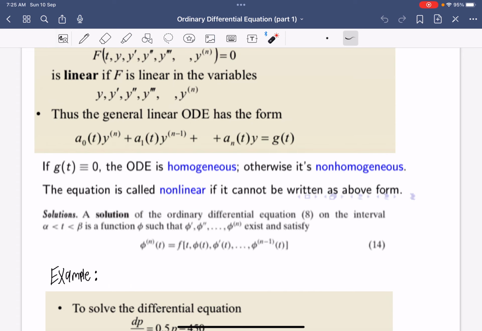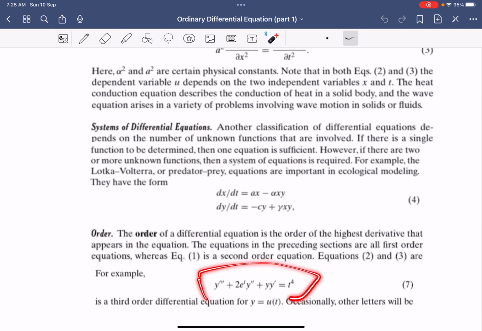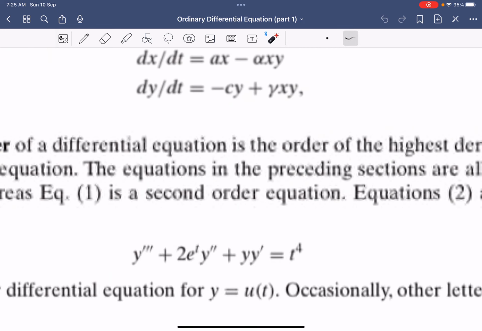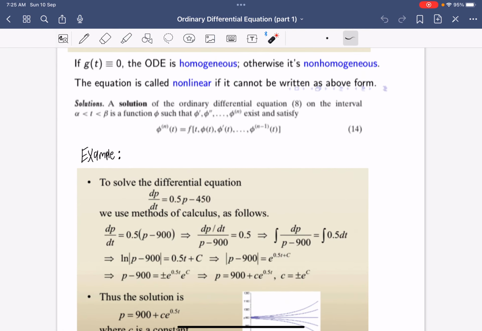So, for example, earlier we saw that we have this, and this can't be linear because the y is multiplying with the first derivative, so it's non-linear. So this differential equation is linear. And how do we solve it? Well, we learn from calculus.